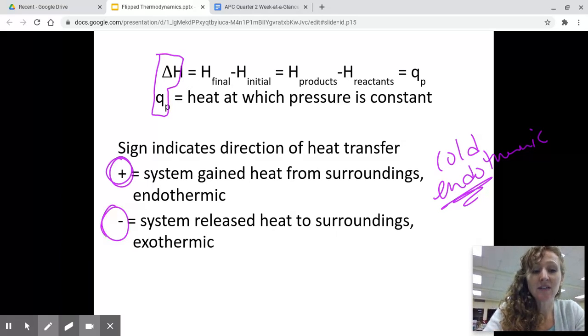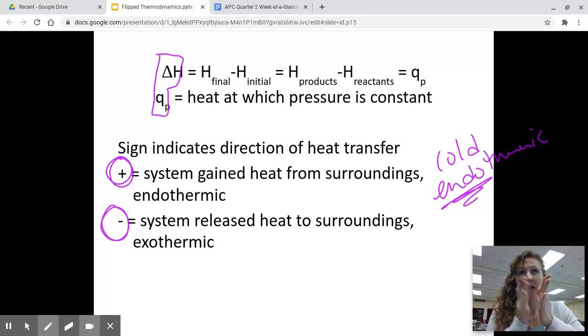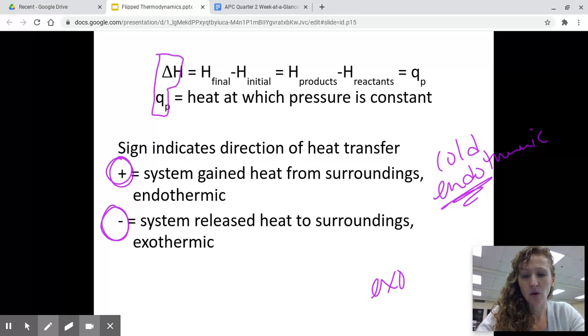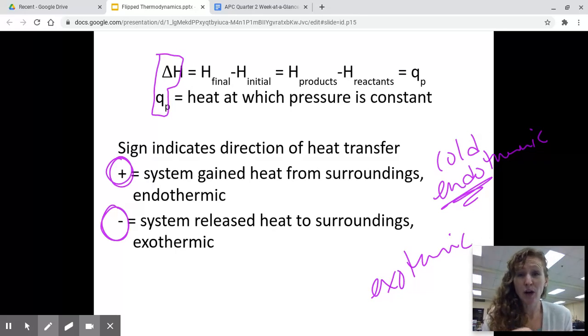If it's negative, the opposite is going to be true. So if delta H is a negative value, then from the perspective of the system, energy is leaving the system. That's exothermic, out of the system into the surroundings. Again, if you're holding that, you are the surroundings.